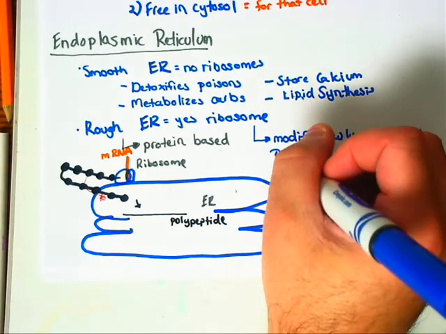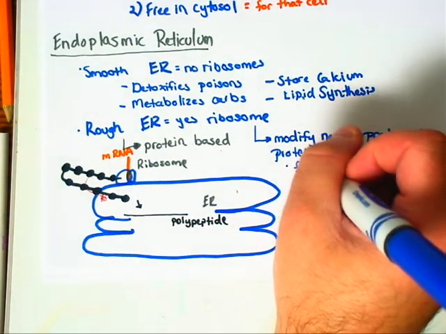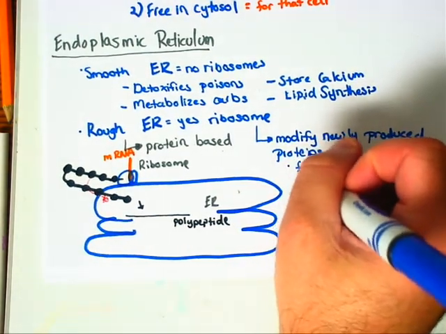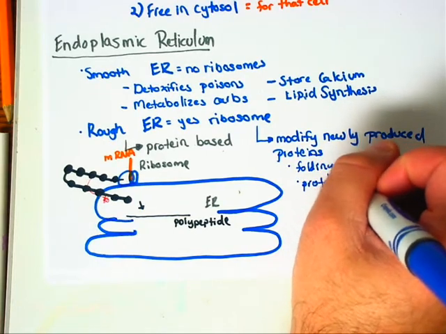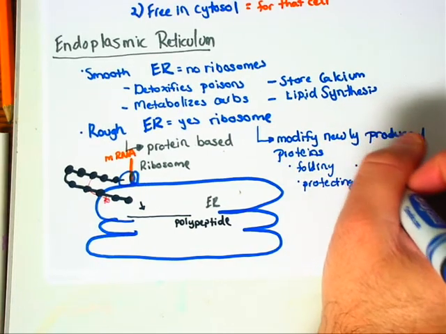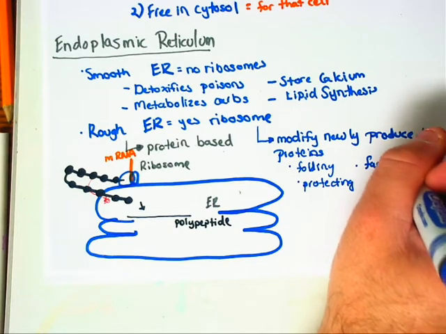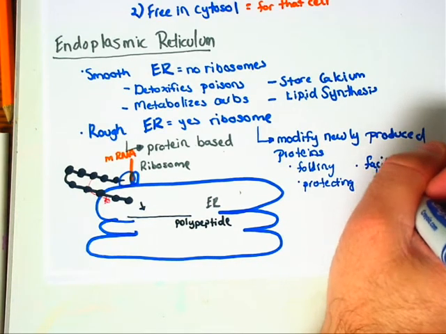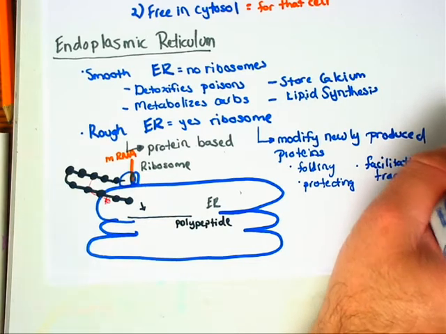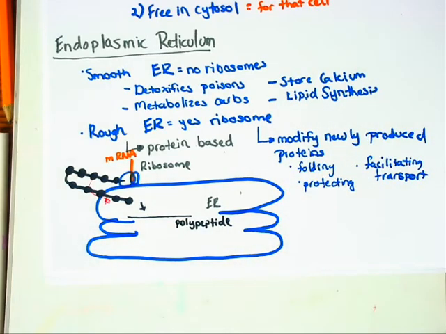Some of the modifications can include folding, protecting it, facilitating its transport. There's a lot of things that are going on to help facilitate this protein. So let's think of information travel so far. We started out in the rough ER, and now where do we go next?